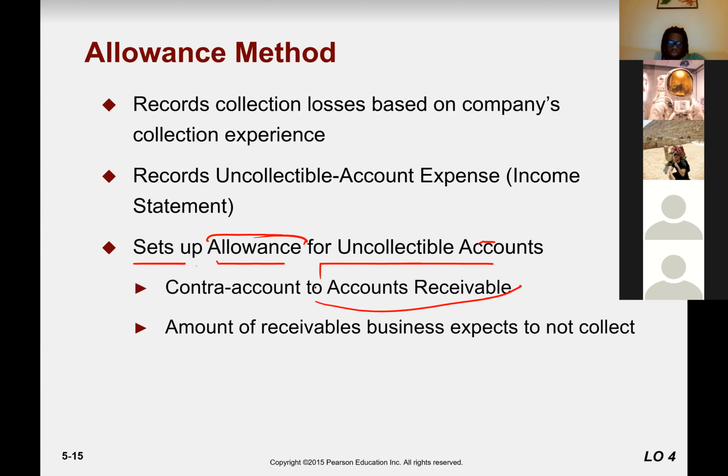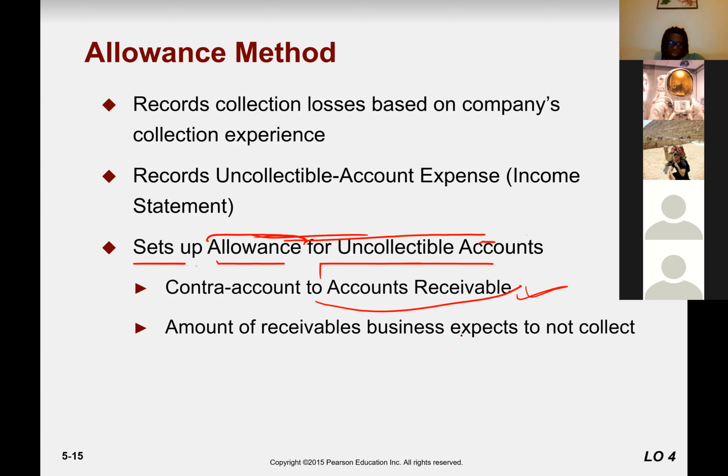But remember, we set up the allowance for uncollectible accounts against accounts receivable. An increase in accounts receivable means debit, so an increase in the allowance for uncollectible accounts would be credit, the opposite, right?